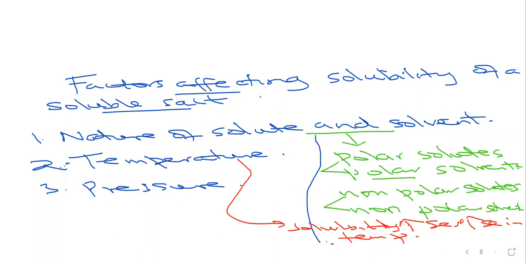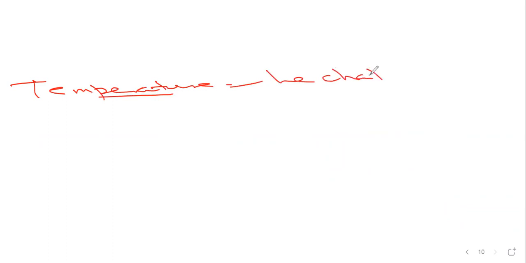Maybe I can expound more about this factor, the effect of temperature, in accordance with what we call Le Chatelier's principle, which we haven't seen before. We shall see more about that principle in chemical equilibria.